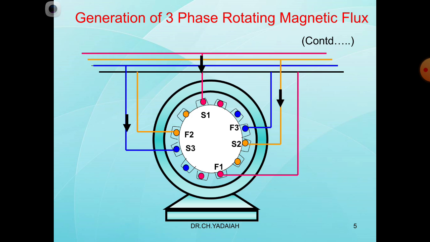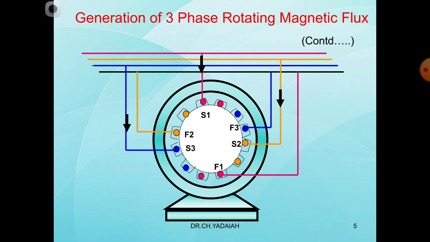This winding has its own impedance, resistance and inductance, as we saw last class. That is ZA is equal to RA plus j XL. Due to this impedance, it will draw current from the supply, and from the voltage across this impedance we get the armature current in each phase.